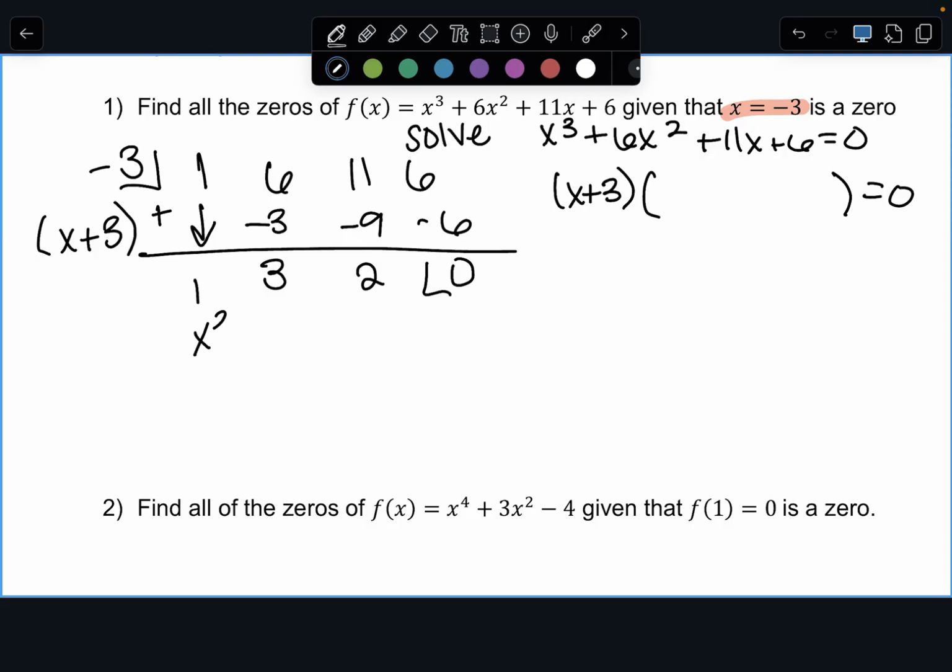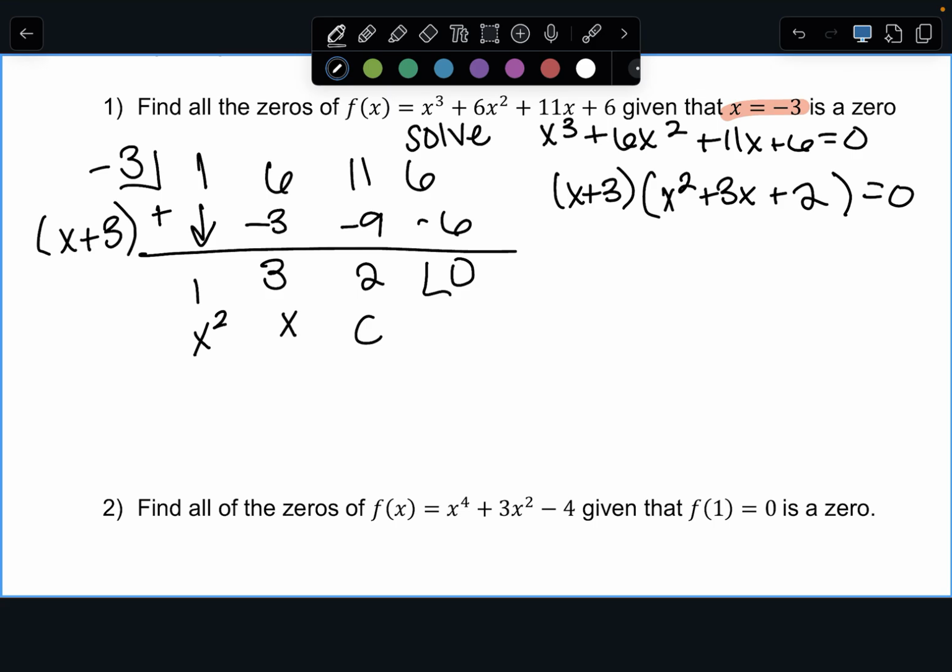So x squared, x, and my constant. So x squared plus 3x plus 2. And now this is something more manageable. We started with an x cubed. I bumped it down a level by dividing out a factor. And now it's something squared, which I know how to work with.